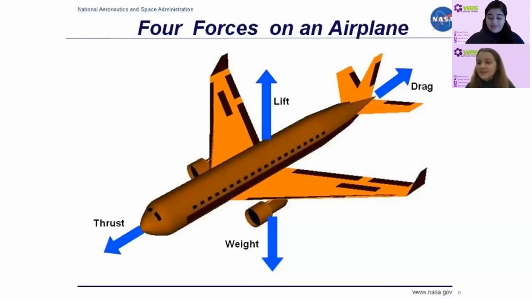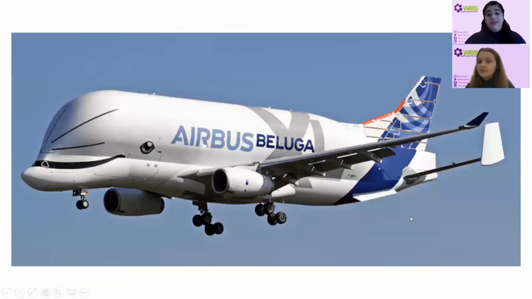And there's different kinds of aircraft in the world. You have your commercial aircraft, you have military aircraft, and I've got two examples I'd like to show you. They're both commercial aircraft, and one's called the Airbus Beluga, which is this one. Airbus uses it to transport fuselages and other parts of smaller aircraft.